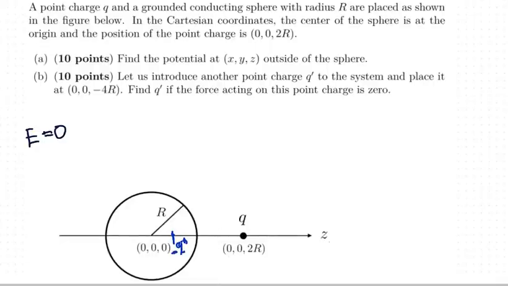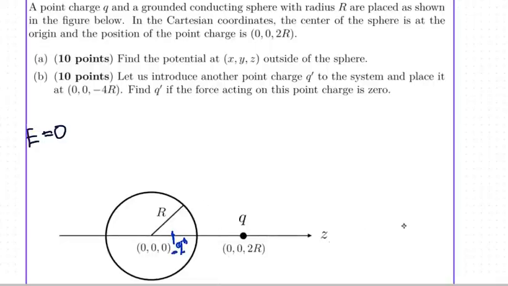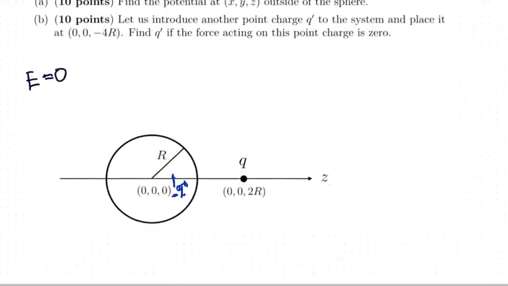So assuming the distance from here to the center of the sphere is A, which is equal to 2r. A is equal to 2r. And the distance from the center to this point where we placed our image charge is B.